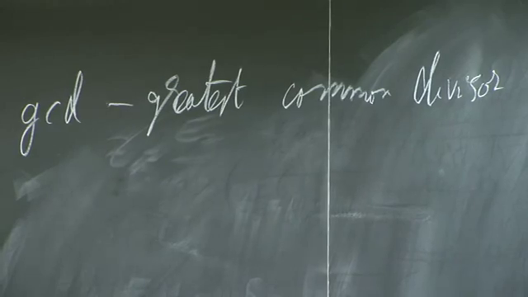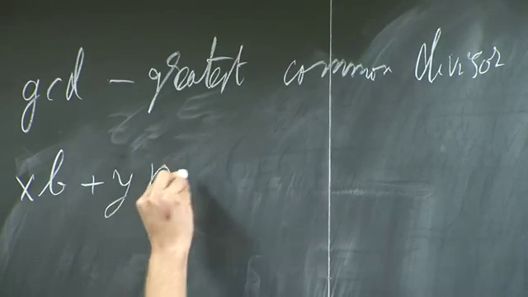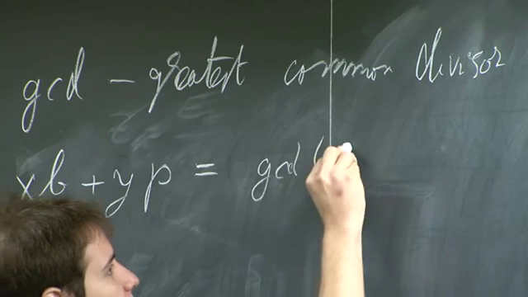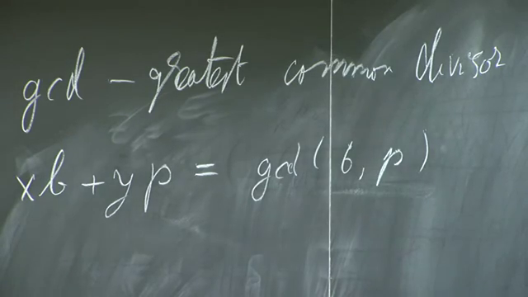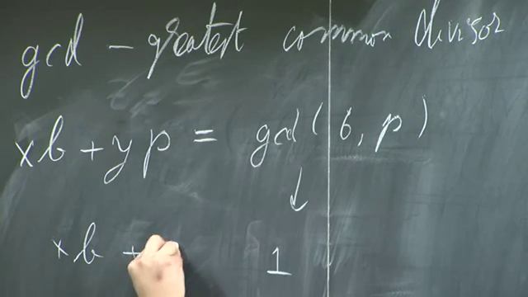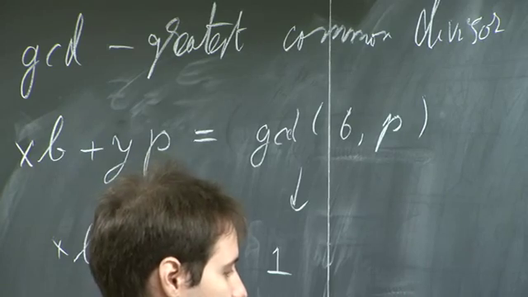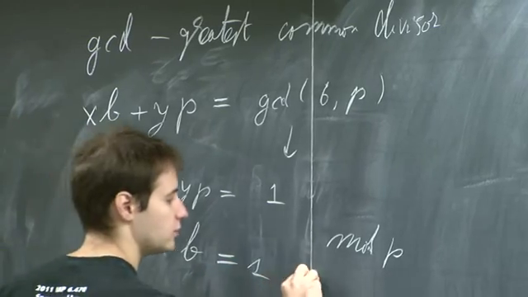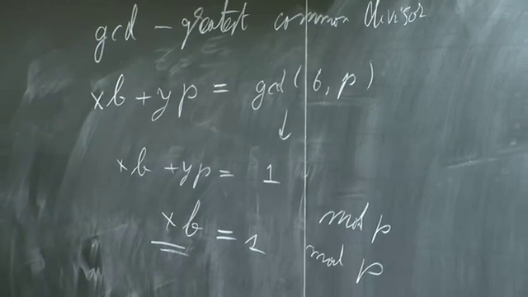If you use extended Euclid, you get something like xb plus yp equals GCD of B and P. So if this is 1, then you have xb plus yp equals 1. And if you're working modulo p, whatever that is, then you have that xb is 1 mod p. So there's your multiplicative inverse for b.